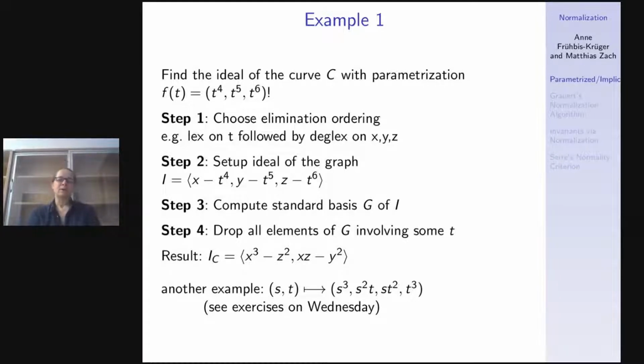And I didn't put it on this slide because for our argument, it's just important that we can drop all elements from G that involve some t. And then the result is precisely the ideal of the curve that you would expect. That's not restricted to curves here. You can also do that with other examples, and I put here one example for the hands-on session on Wednesday.